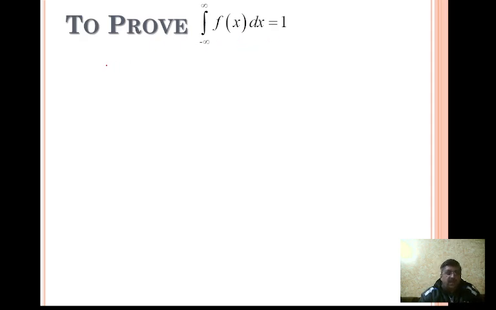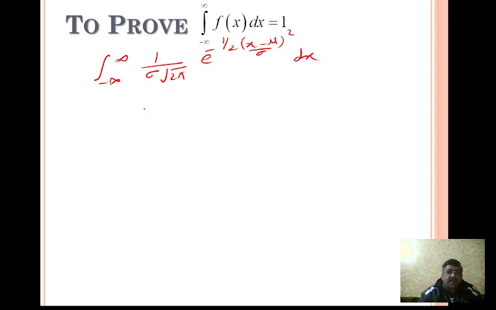To prove it, let's simplify. So from minus infinity to plus infinity, what is the value of f of x? If you remember, f of x is nothing but 1 upon sigma root 2 pi, then e to the power minus half, x minus mu upon sigma, whole square, dx, alright?